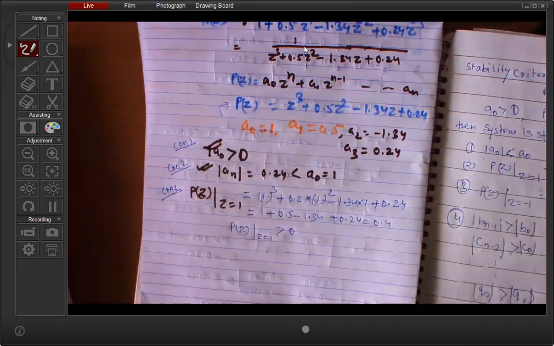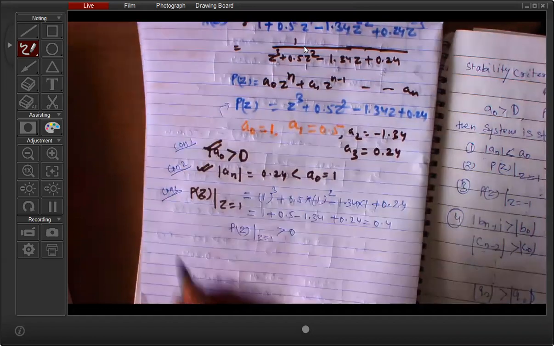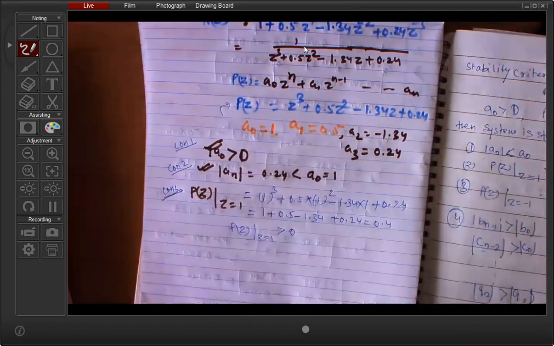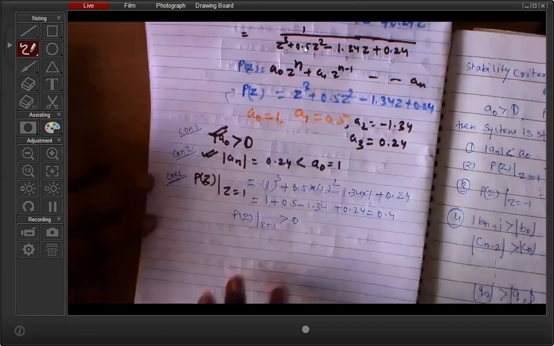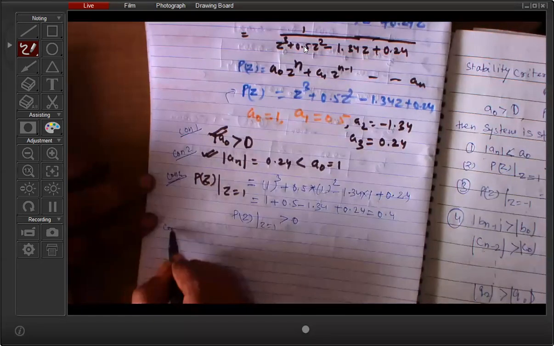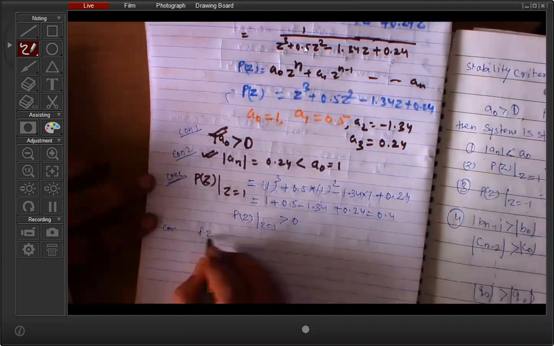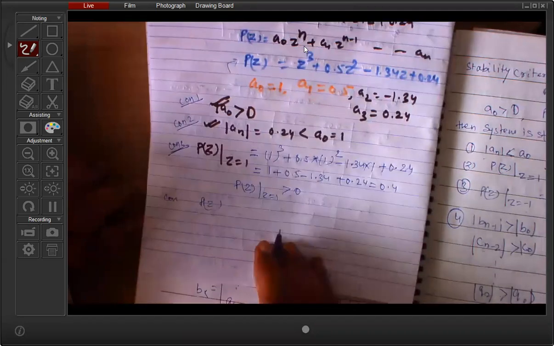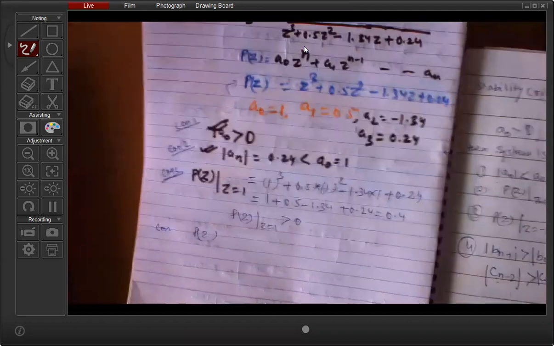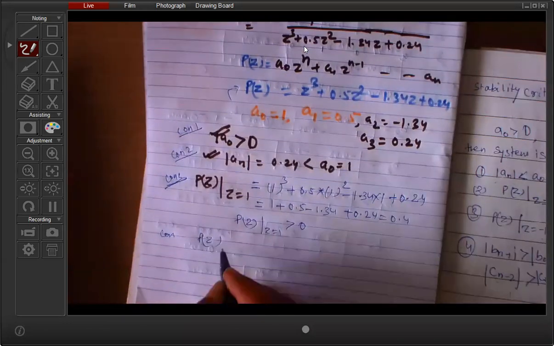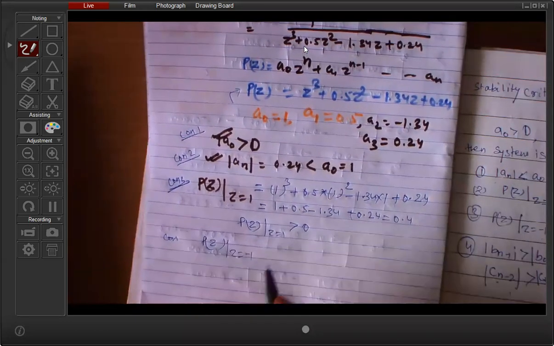Yes, sir. So for the third condition of the Jury stability test, there is no problem. Fourth condition: P(z) at z equal to minus 1.